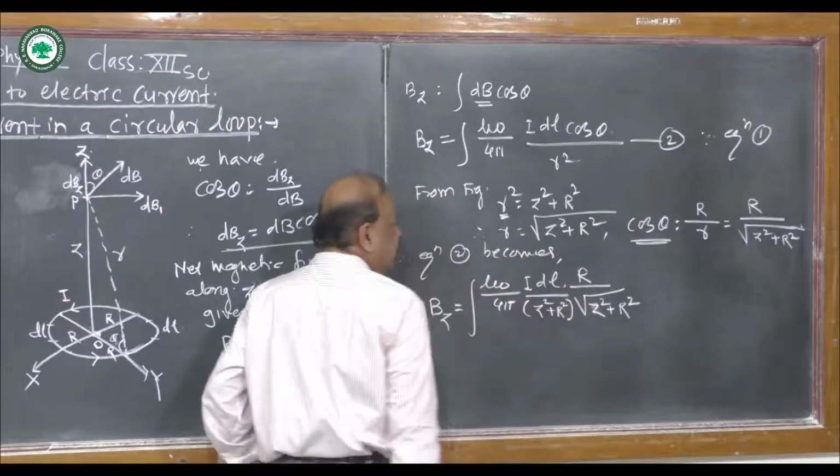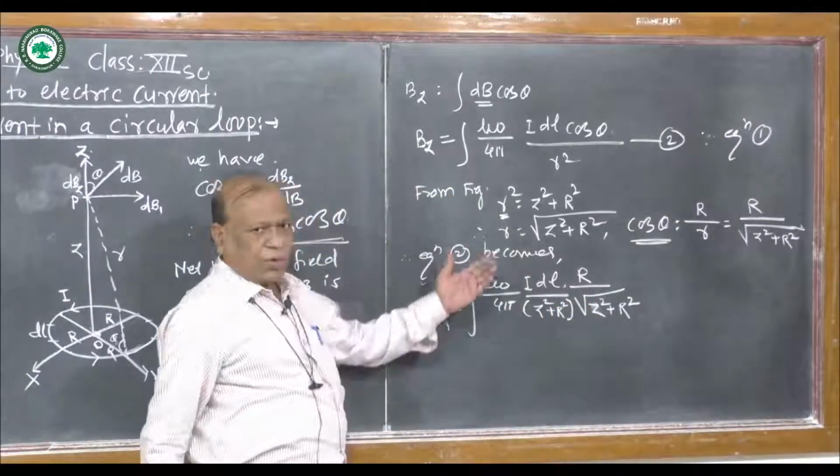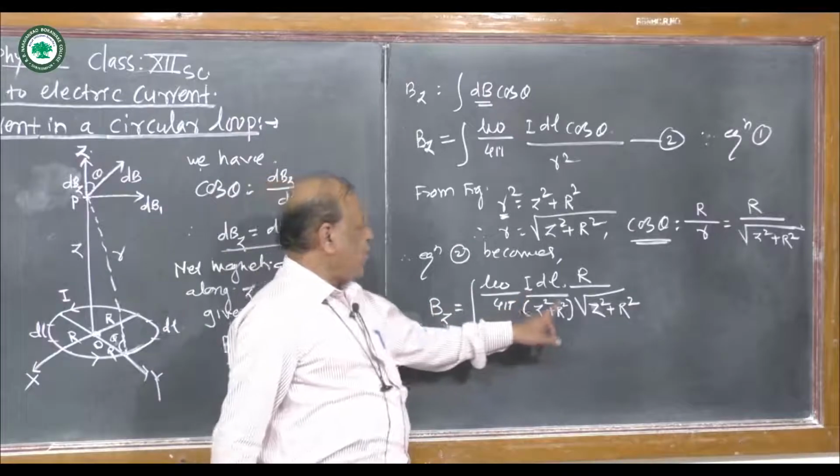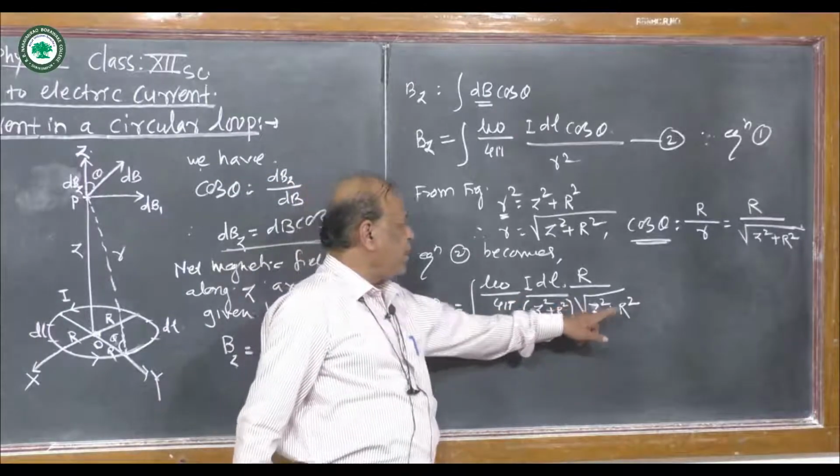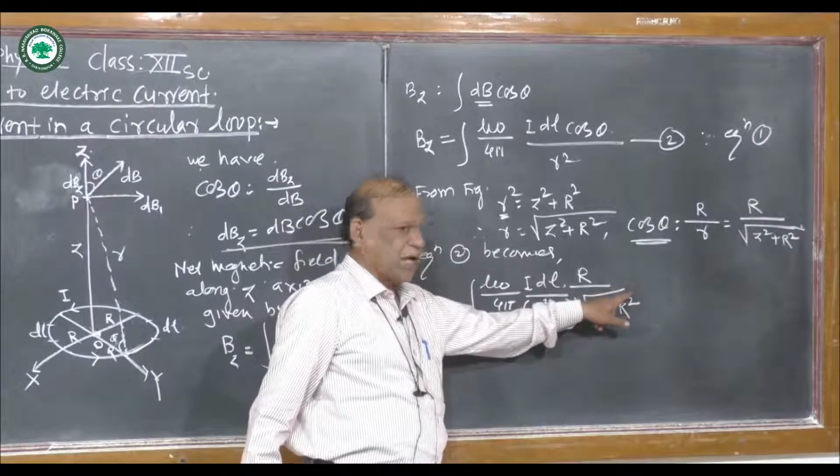Here, using the rule of indices, the power of this term is 1 and the power of that term is 1/2.